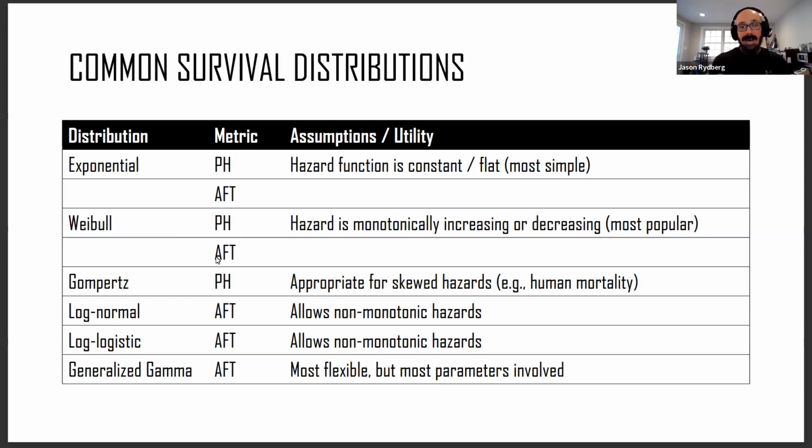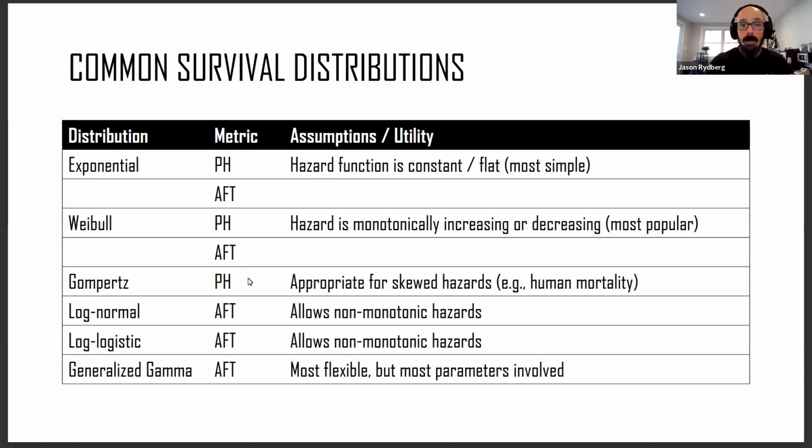Because it does that, and because many things demonstrate monotonic hazards, it is a very popular, often default option for parametric survival regression.